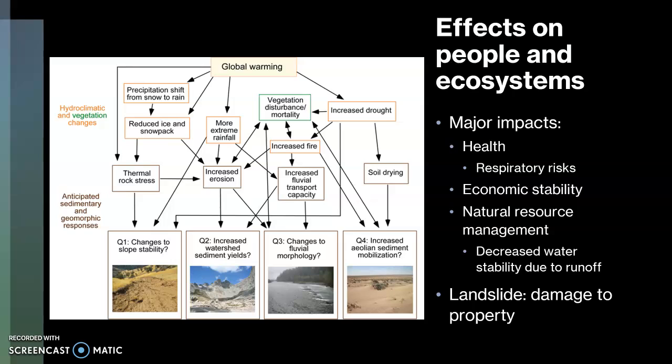So when we talk about the effects on people, it's not just their housing and livelihood. It also impacts their health by having increased ozone in the lower atmosphere, which is found to increase health and respiratory risks.